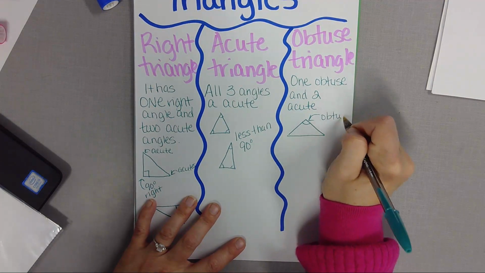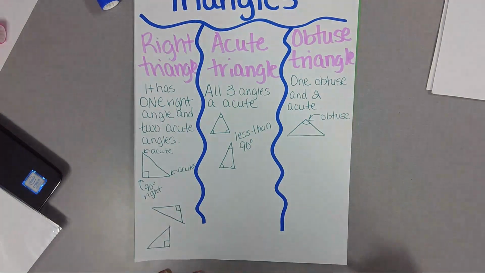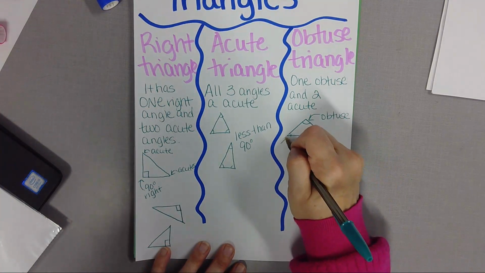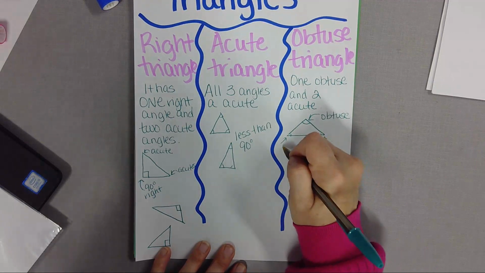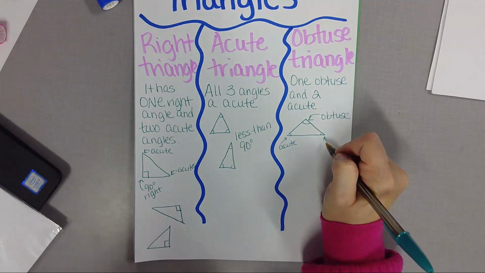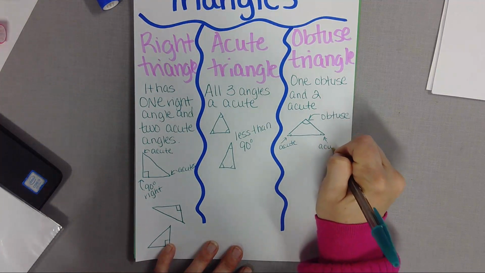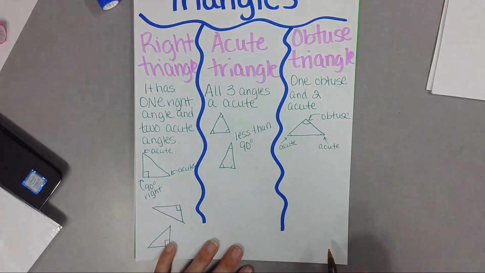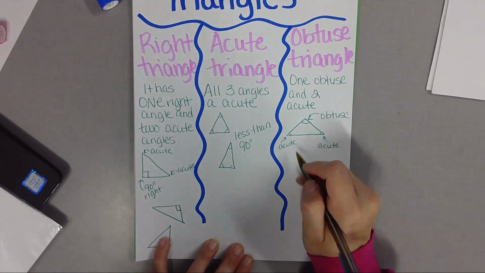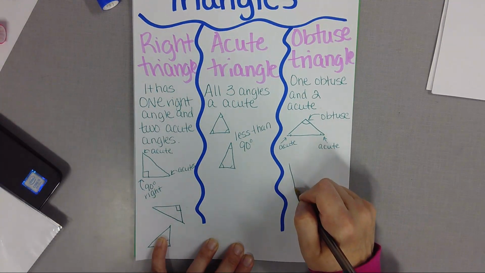They all have at least two acute angles. So just because a triangle has an acute angle in it, does it make it acute? No. You have to look at all of the angles before you judge that.